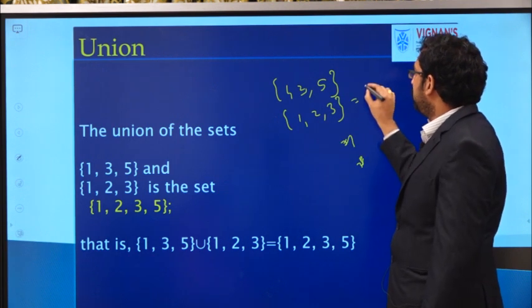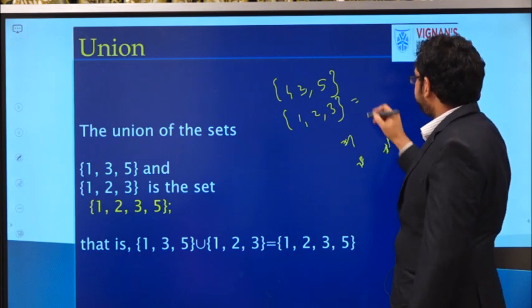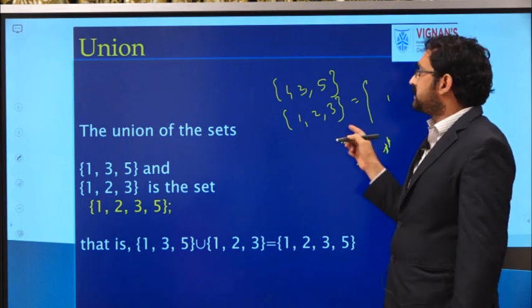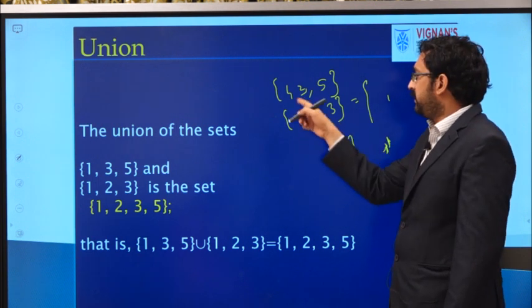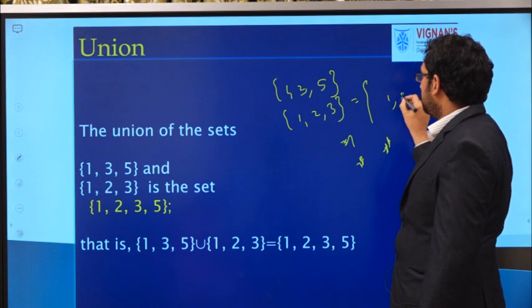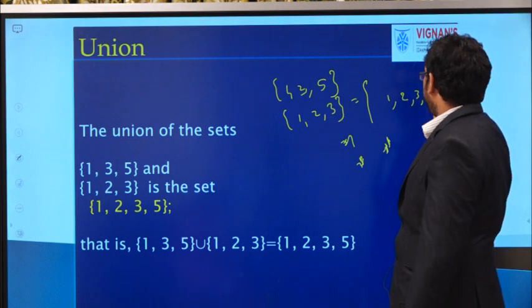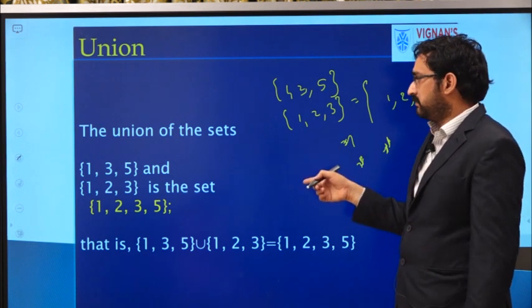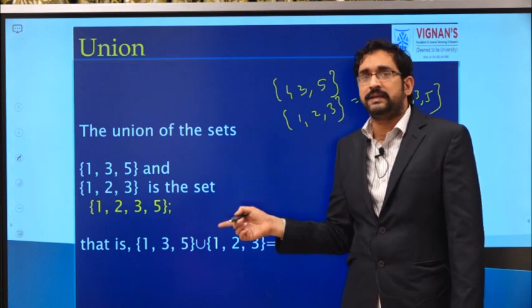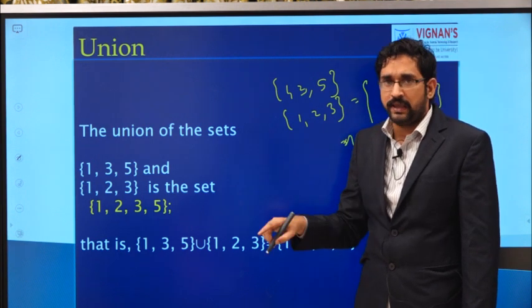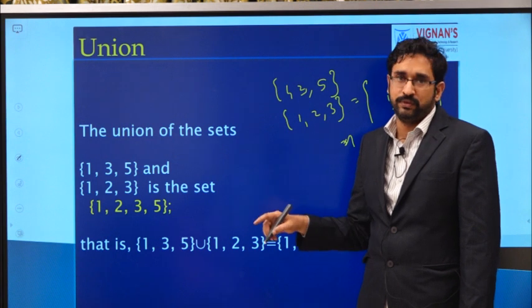So what does union contain? It contains elements which are at least in one set. 1 is common to both. So {1, 2, 3, 5} is the union. So the union of 2 sets contains the elements which are either in A or in B or both.